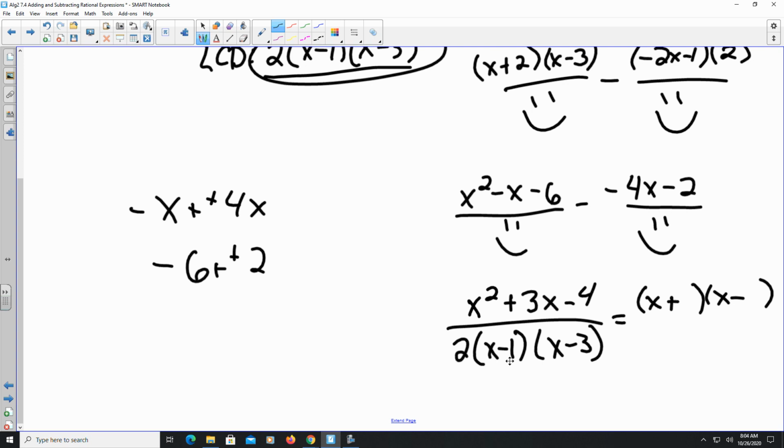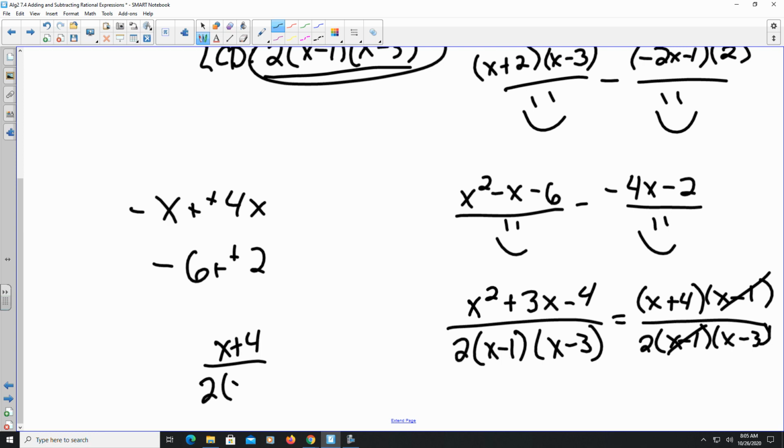Are there two values that give me a product of 4, but their difference is 3? It's 4 and 1. And then that's all divided by 2 times the quantity of x minus 1 times the quantity of x minus 3. In this particular scenario, x minus 1s do cancel. So what I'm left with in the numerator is x plus 4. And what I'm left with in the denominator is 2 times the quantity of x minus 3.